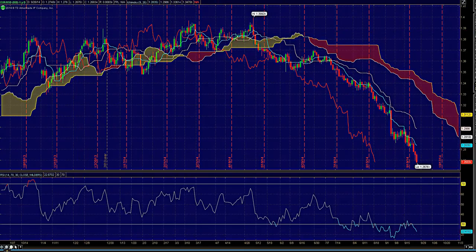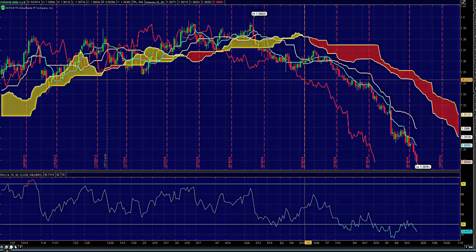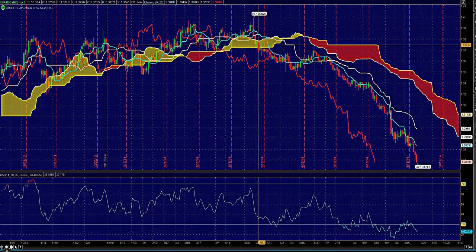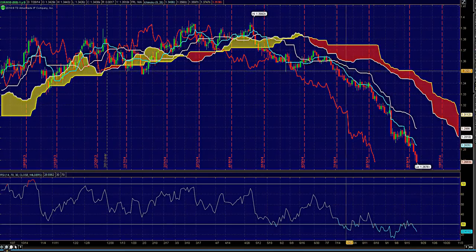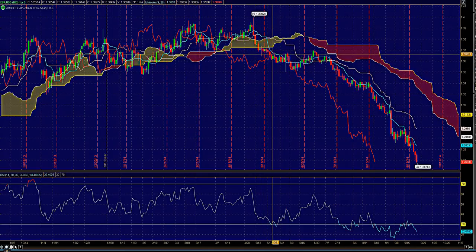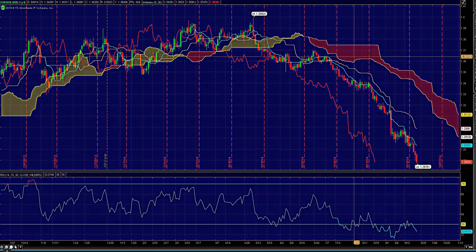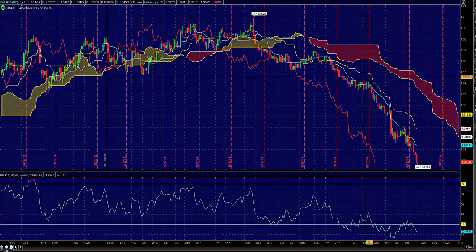Here we have the euro dollar on the daily time frame. You can see prices, after they broke the cloud, really started to trend lower. This always bodes well. When you're looking at the Ichimoku, you're also looking at the future cloud. The thicker it is, the more of a trend it develops.